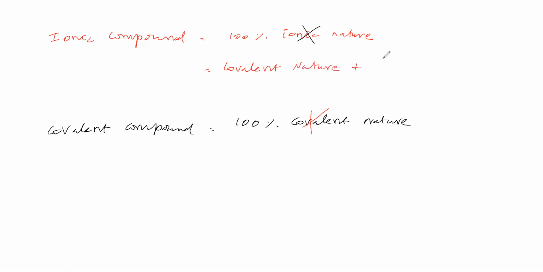Therefore, an ionic compound has covalent nature as well as ionic nature. Both will be there. Even a covalent compound is having both natures. So whatever compound you take, that will have covalent nature as well as ionic nature. In the ionic compound, covalent nature will be present, ionic nature will be present.